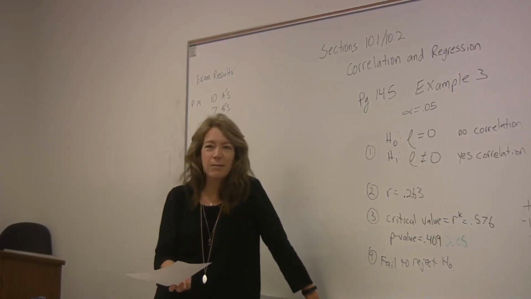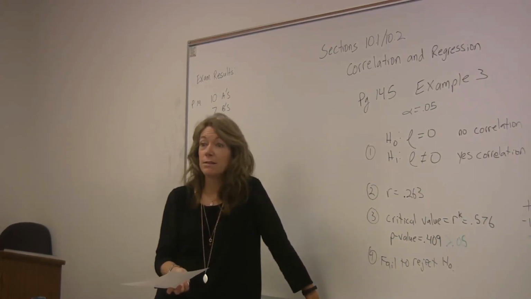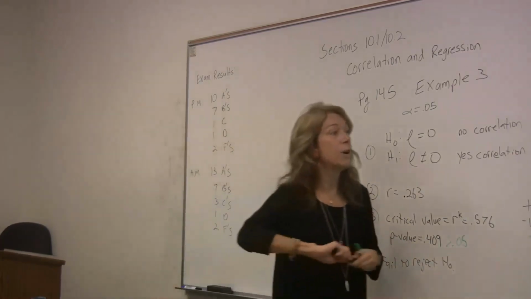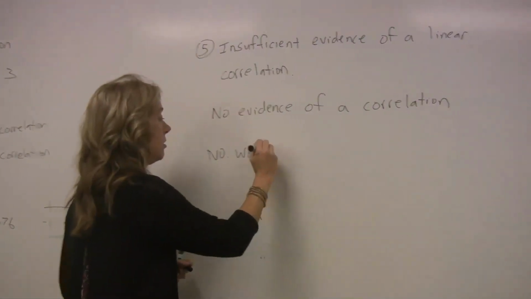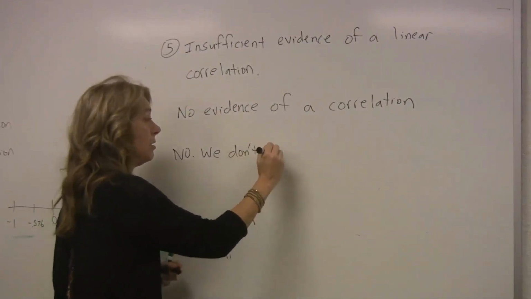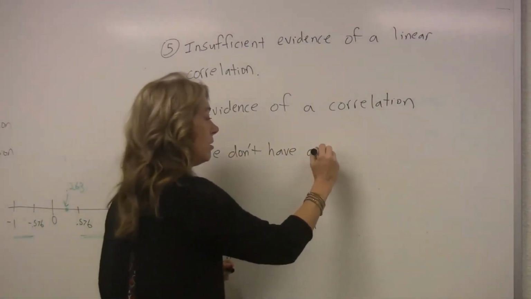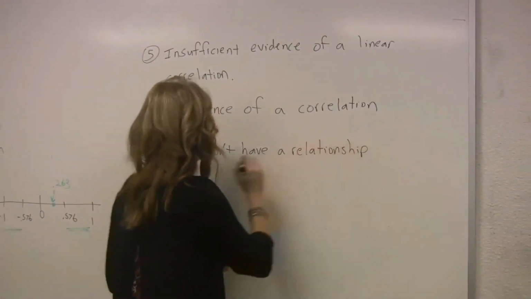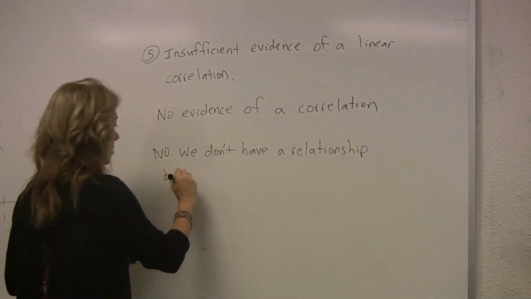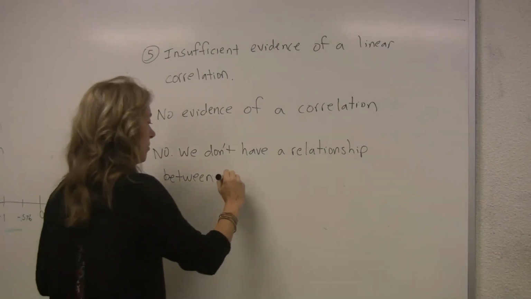If there's no relationship, we can't say bigger is better or smaller is better or any of that. So the follow-up is no. We don't have a relationship between brain size and IQ.